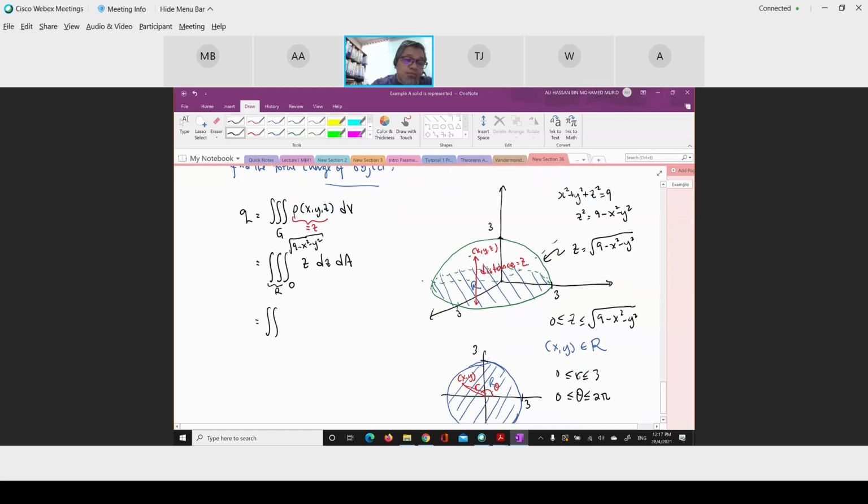First we integrate with respect to z. The integral of z with respect to z is z squared over 2, and z is from 0 up to the square root of 9 minus x squared minus y squared.